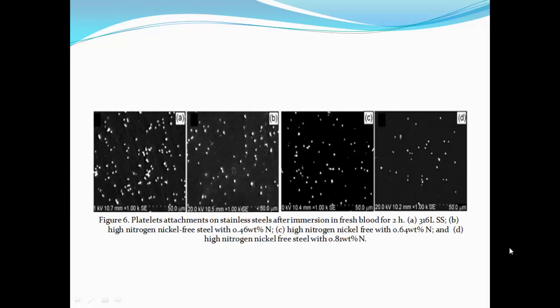As the nitrogen composition increases, the platelets decrease, shown in figure 6 above, where on the left is the 316L stainless steel and the nitrogen composition increases from 0.46 weight percent to 0.81 weight percent nitrogen on the right.